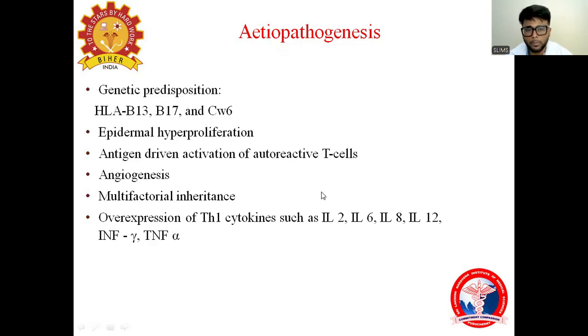So, what is the pathogenesis? Before that, we have to know about cellular differentiation, how normal differentiation in the epidermis occurs. We know the different levels of the epidermis: stratum corneum, stratum lucidum, which is absent in glabrous skin, the granular layer, and below that the spinous layer and basal layer.